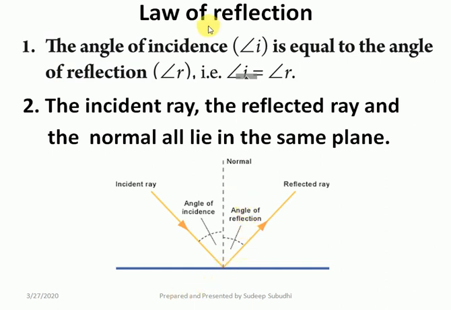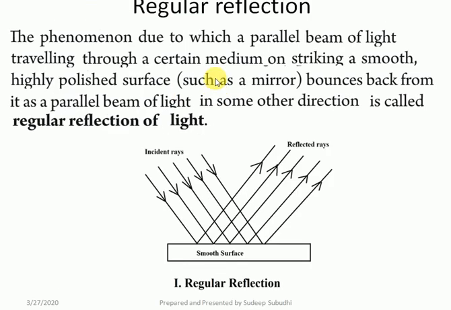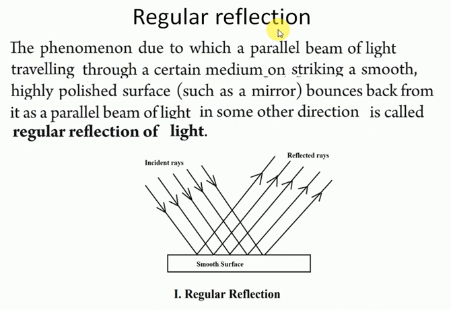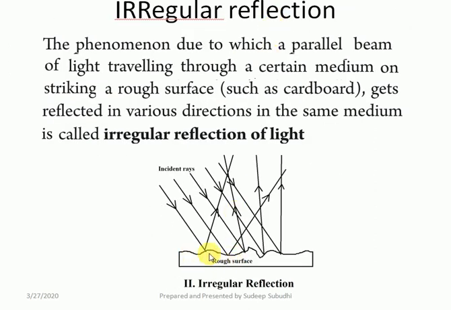Now, the laws of reflection are applicable to all types of reflecting surfaces. That means they are applicable for regular reflection as well as irregular reflection. Even in diffuse reflection, the laws of reflection are obeyed.